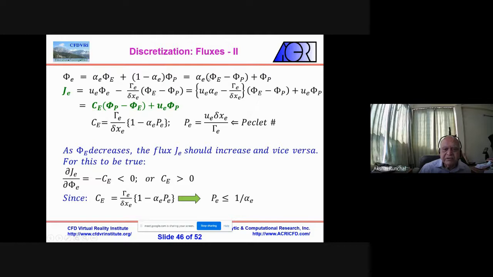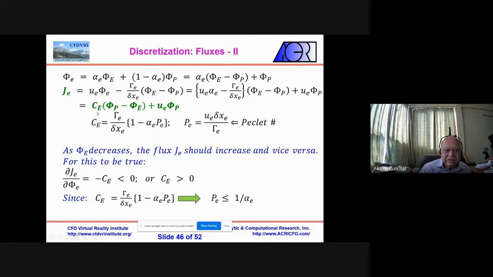Okay, so for central differences, this will be taken as half if the grid was uniform. For upwinding, it could be 1 or 0 depending on the velocity direction. So the flux becomes U_e phi_e minus gamma times this gradient term, and you combine all these things and you get this equation.